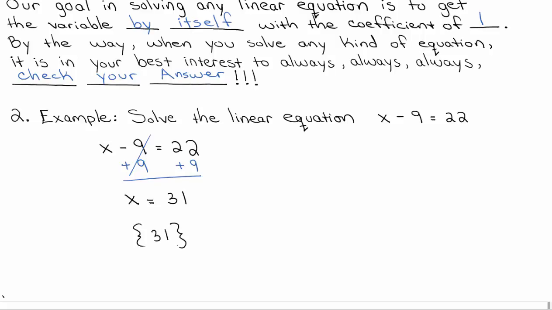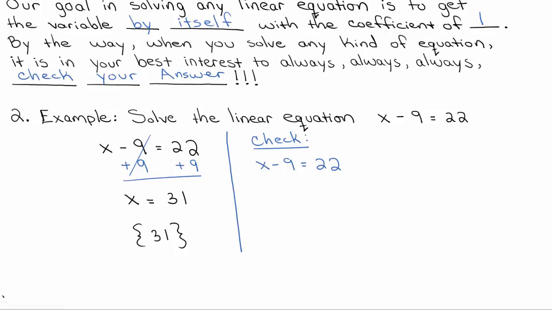Now we should always check it to make sure that we didn't make any mistakes. So let's do the check over here. Check x minus 9. We always go back into the original equation and we substitute for our x into the original equation.